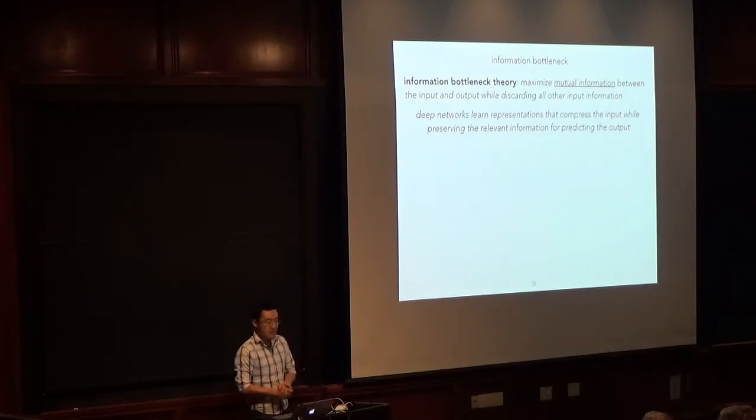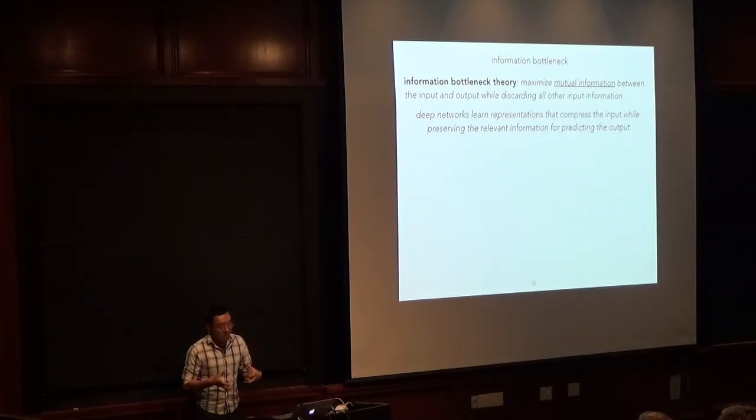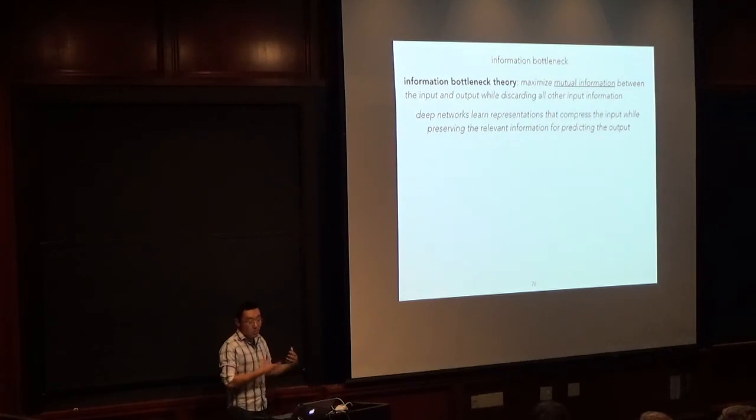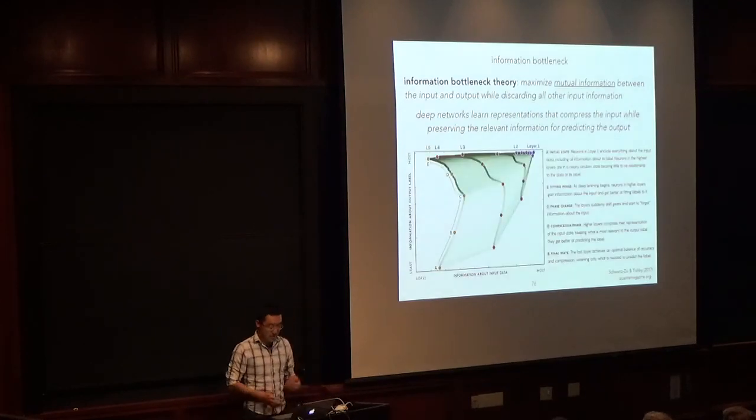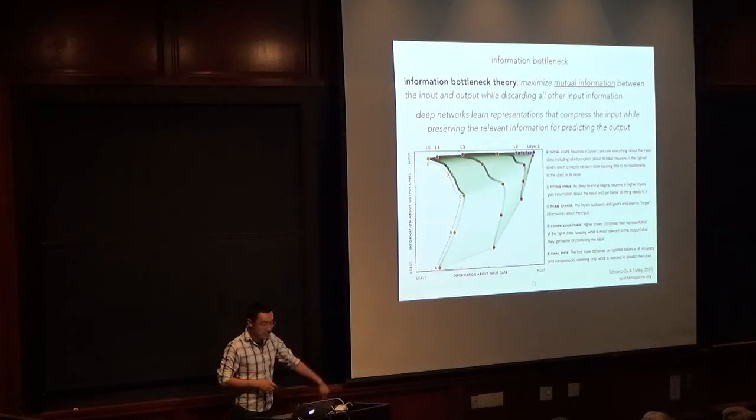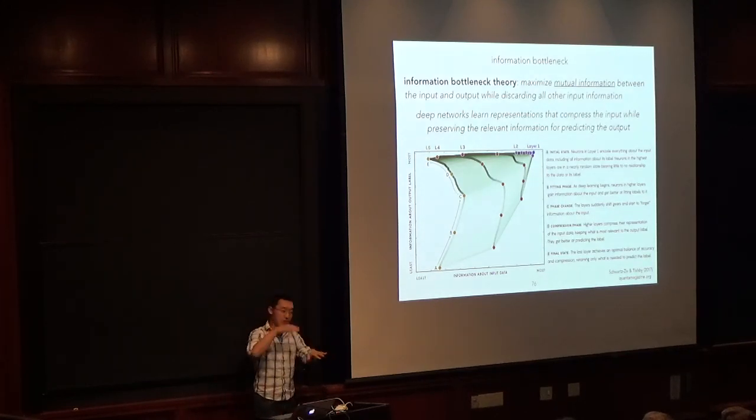From this way of thinking about learning in deep learning, neural networks learn a sequence of representations that compress the input while preserving the relevant information for predicting the output. And people can estimate these things empirically by computing the mutual information between every layer and the output variable using various information theoretic tools.